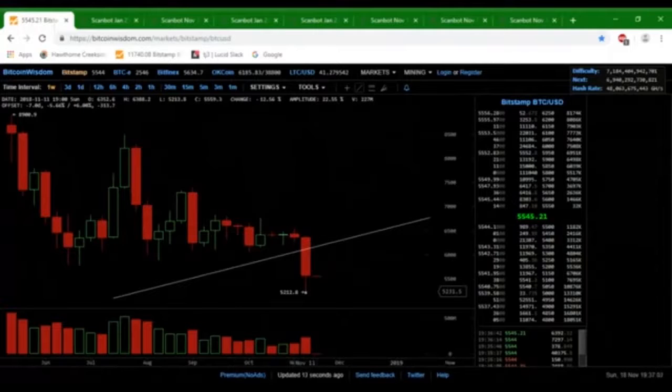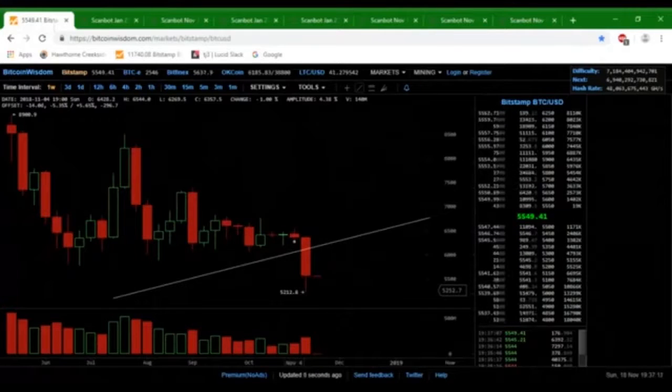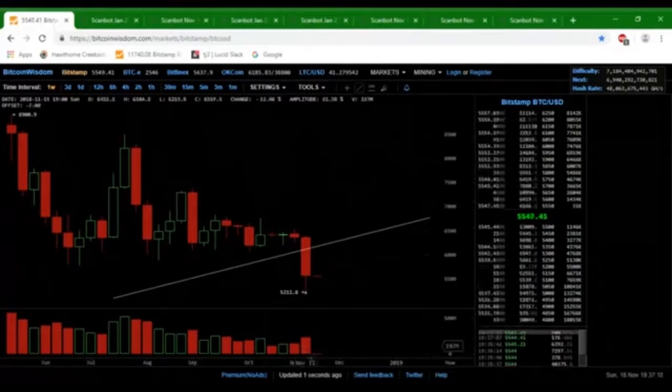We've been able to work our way from that low over the last 3 days back up to this mid 5,500 level, but absolutely no elasticity, no resilience, no buying coming in. Even this volume candle is unimpressive to me. The day that it happened, it looked very impressive.